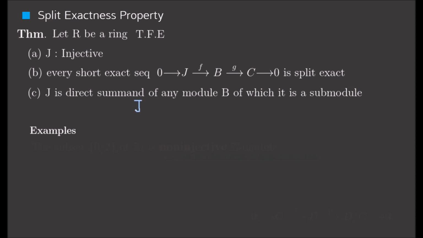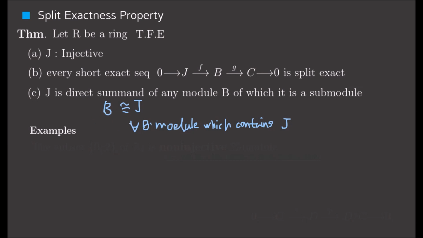If J is really an injective module, then for any module which contains J, in some sense J is a submodule of B, an R-submodule. Okay, so B is a larger set than J.